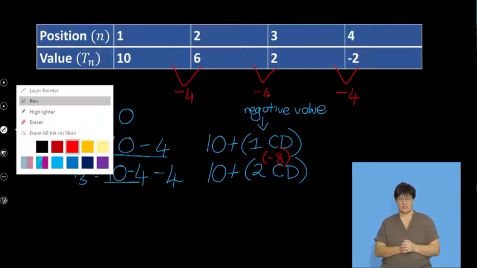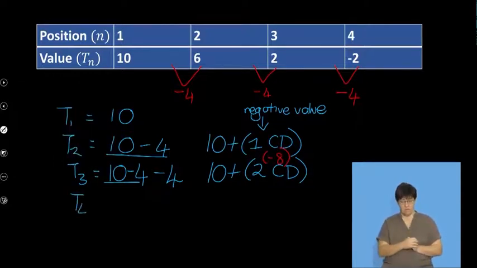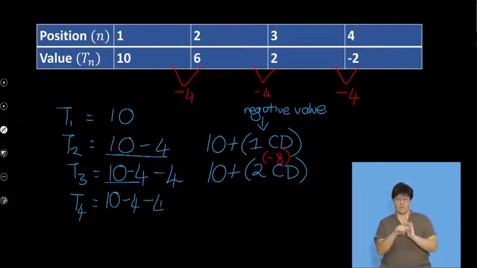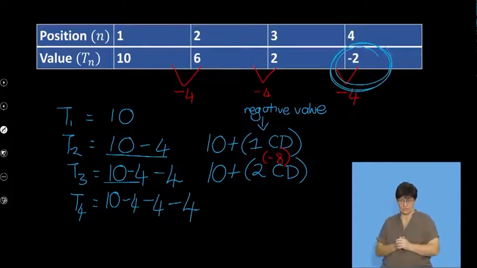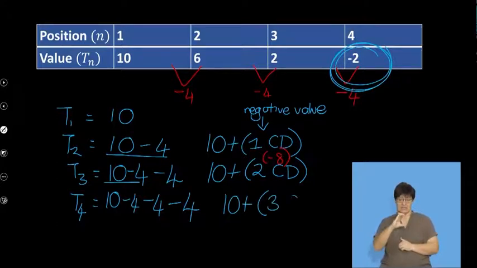Then if I write an expression for term 4, we can see that it was 10 minus 4 minus 4, which is the same as term 3, but I'm going to subtract another 4, which is going to lead to this negative 2 value over here. So this would be 10 plus 3 common differences.